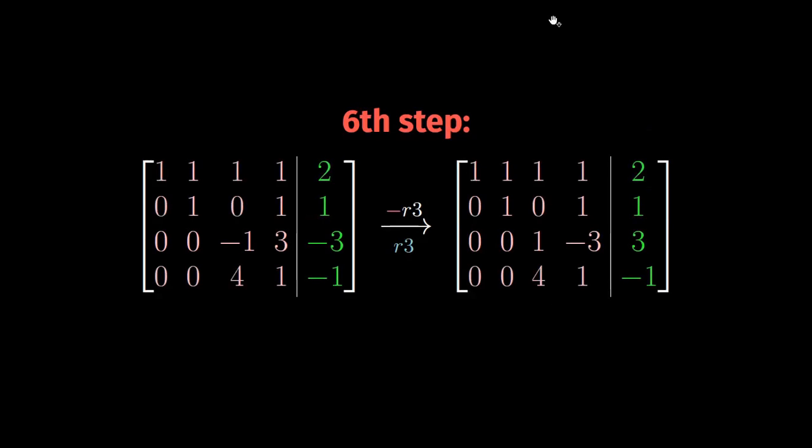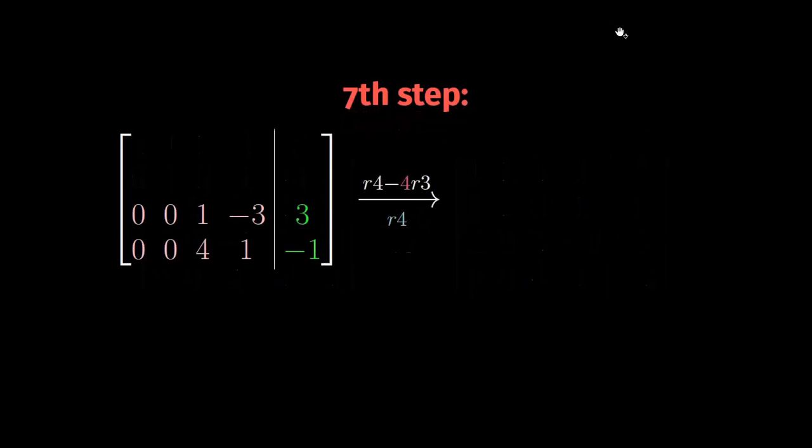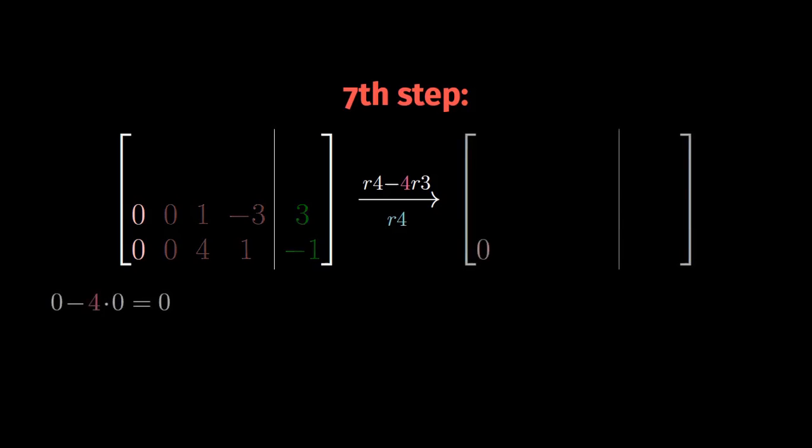In the next computation, we would like to cancel the number 4, and we want to make it 0. So this is why we need to do R4 minus 4 times R3. This will allow us to eliminate the number 4 and to obtain the number 0. We will write the result in the fourth row.